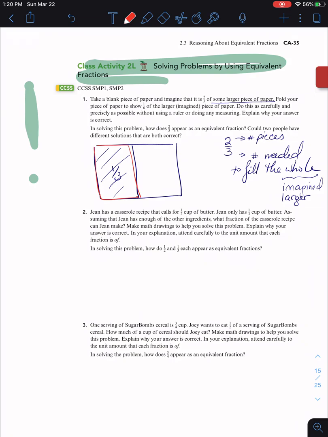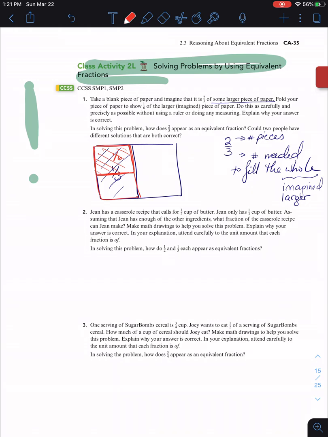Right. So if this is 1/3, you need 3 of these. If you need 6 of other pieces, it's going to be these pieces, because for each third, you're going to need 2 of these. So these are going to be 1/6.